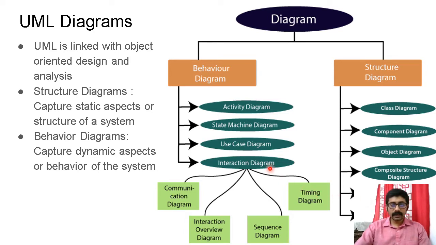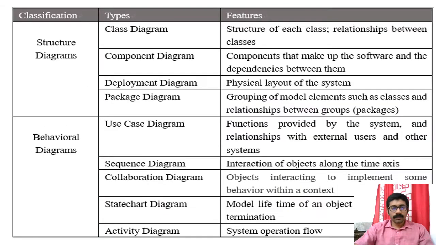So these are the different kinds of UML diagrams. In this table, different UML diagrams are summarized. As per first module, we have to study class diagram, component diagram, deployment diagram, package diagram, use case diagram, sequence diagram, collaboration diagram, state chart diagram, and activity diagram. In today's lecture, we will focus on use case diagram.